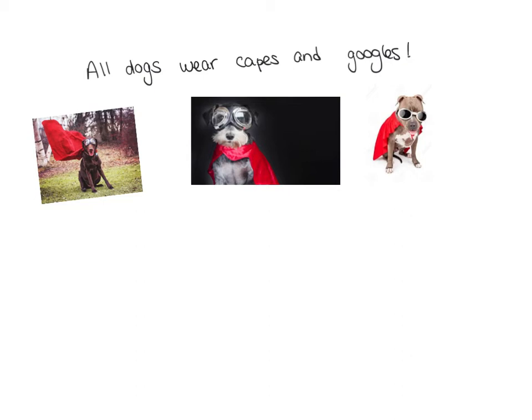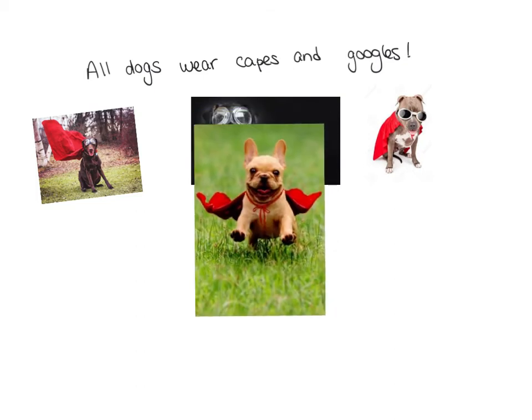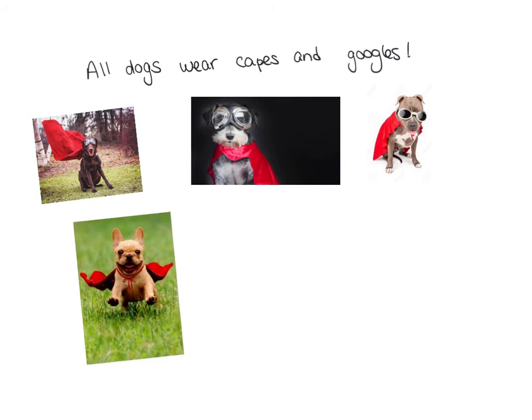So let's see, I've got some images stored here. I could give you this dog. This dog has a cape, but no goggles. So that's already proving the statement wrong, that all dogs have capes and goggles, because here's a dog that has no goggles. Oops, I said googles instead of goggles.